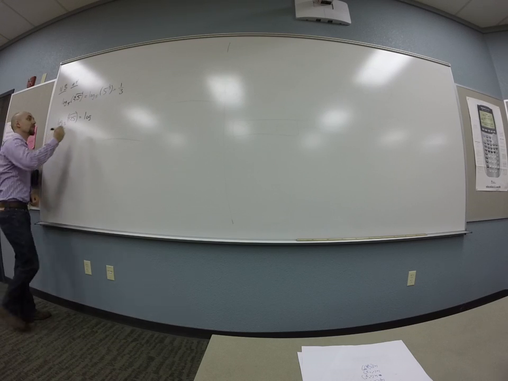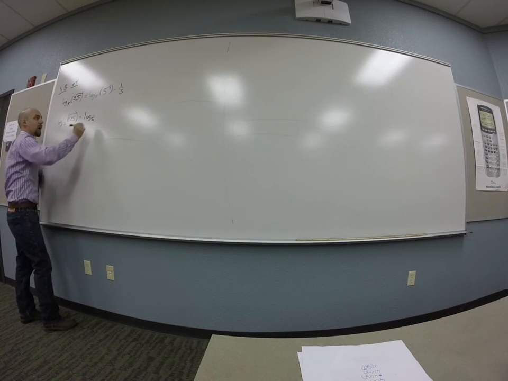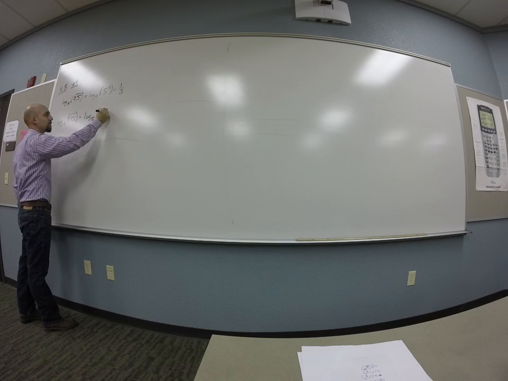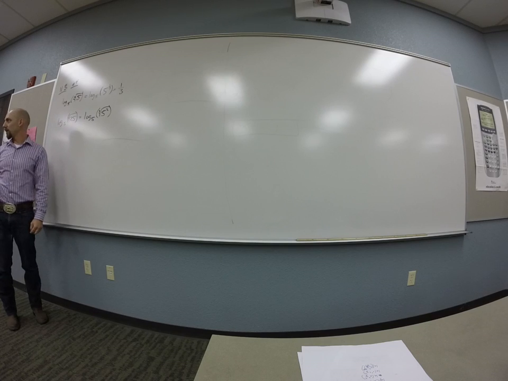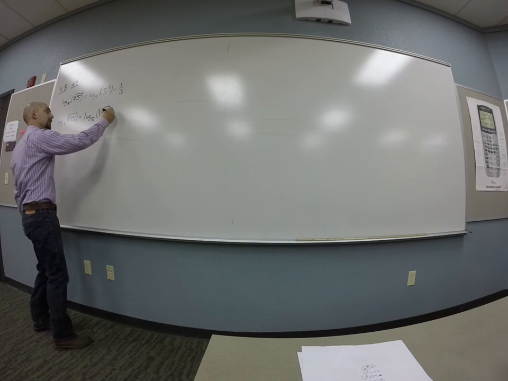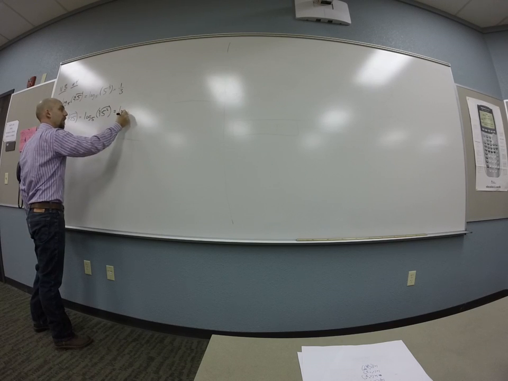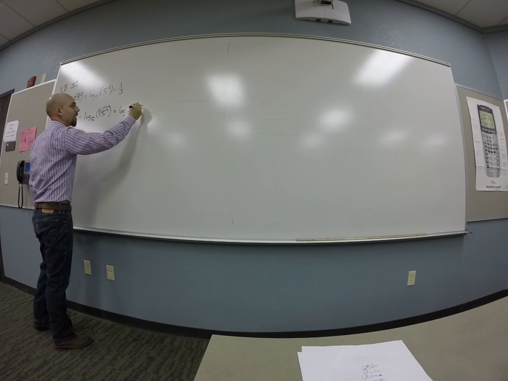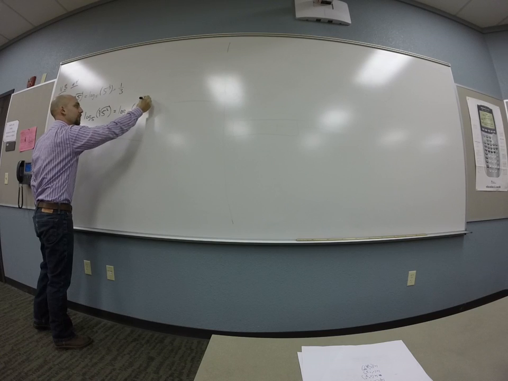So I'm looking for 5 to the 5 squared, cube root. The cube root is the 1/3 power, so this is log base 5 of 5 to the 2, to the 1/3.